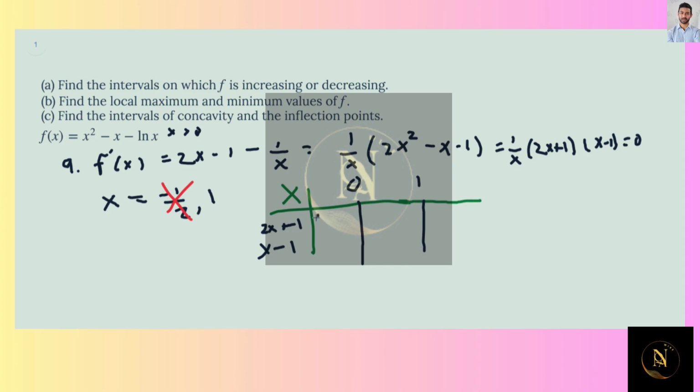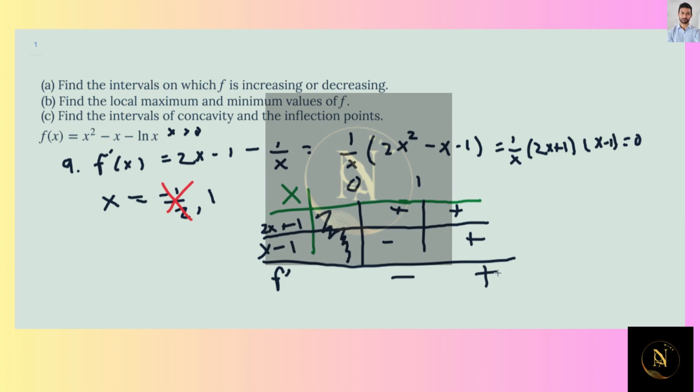We ignore everything less than 0 because the domain, again, is greater than 0. Bring a line across. So for 2x plus 1, it's all positive. And then for x minus 1, a number between 0 and 1 gives a negative, and this gives a positive. You multiply these together, we get the sign of f prime. This gives us negative, this gives us positive.